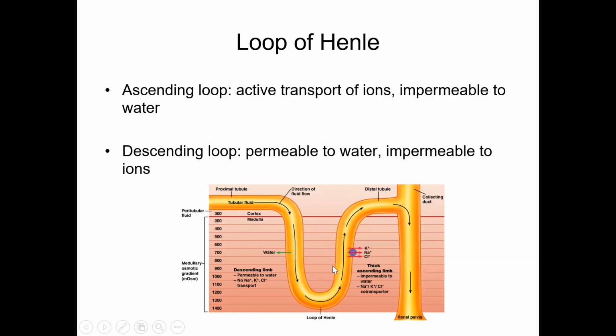So we're starting with the ascending part of the loop of Henle. On this part, you need to remember, probably you should write it down: the ascending part of the loop of Henle is impermeable to water. No water can move out from the ascending loop to the surroundings or move into the tubular structure.